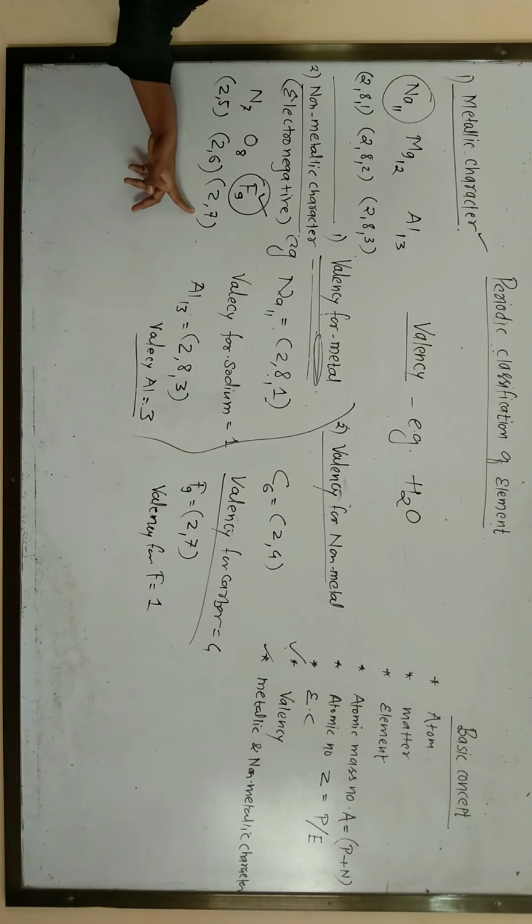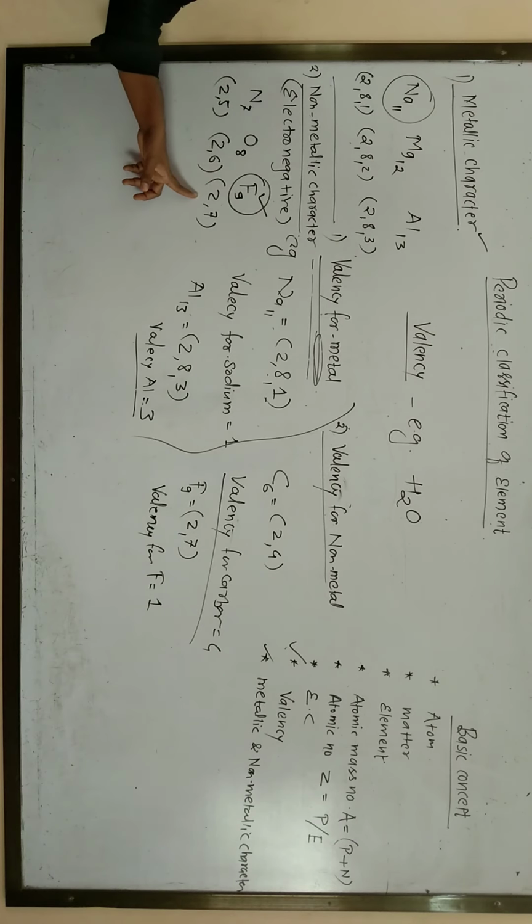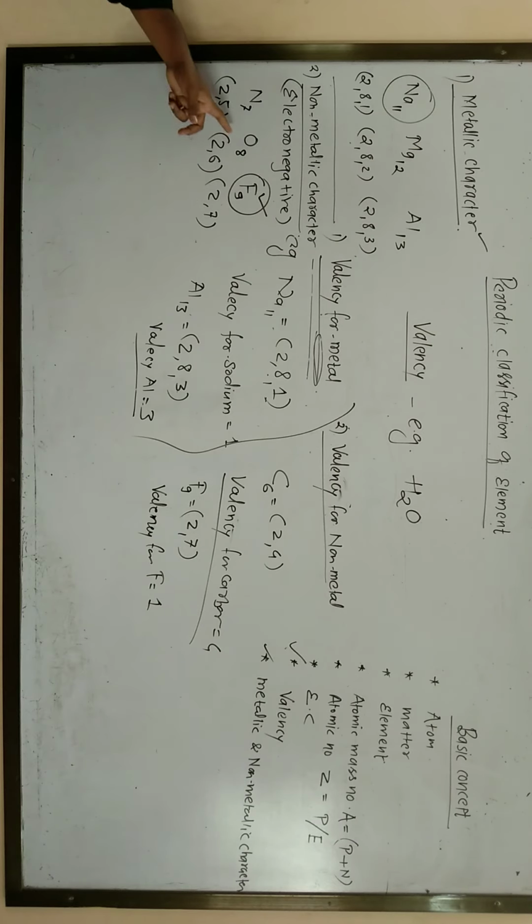So it can easily take it from the neighboring atom, but the others require 2 and 3. It is very difficult to take more and more electrons because it requires more energy. So here fluorine is more electronegative as compared to oxygen and nitrogen.